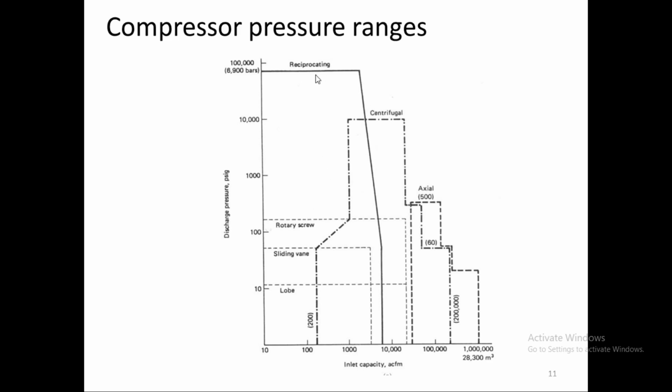They can produce the highest pressure, but cannot produce a large amount of fluid. Whereas the centrifugal or the axial are not as high in compression pressure, but they can supply you a larger volume. So that's the difference. That's how you select which type of compressor you should be taking for your application.